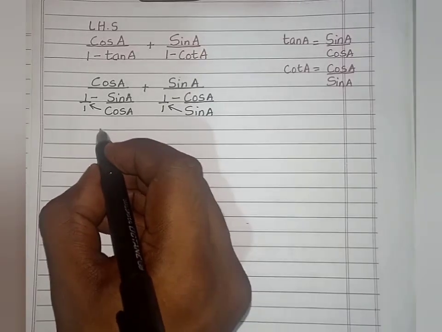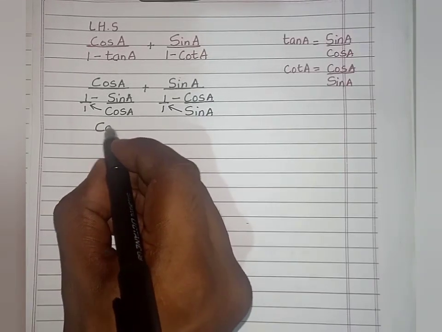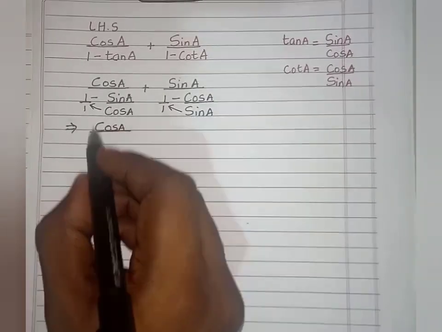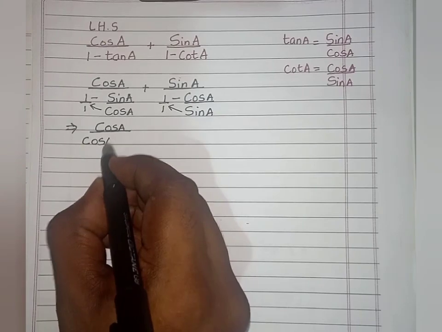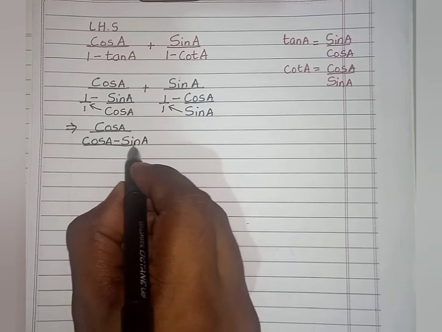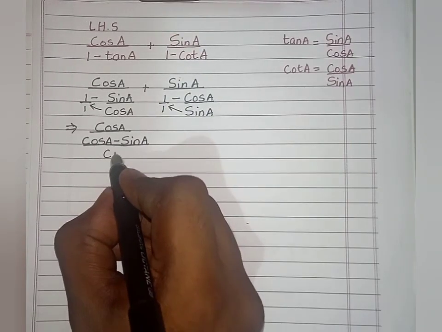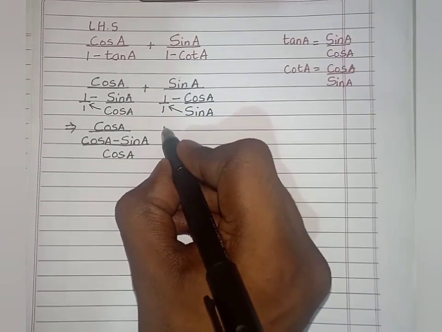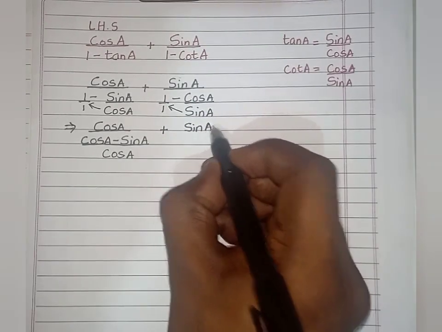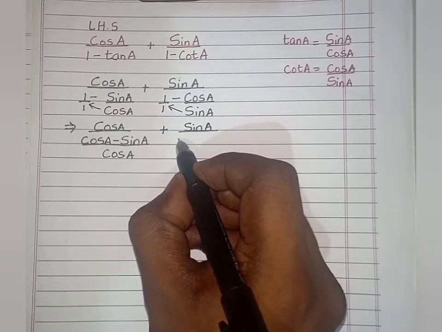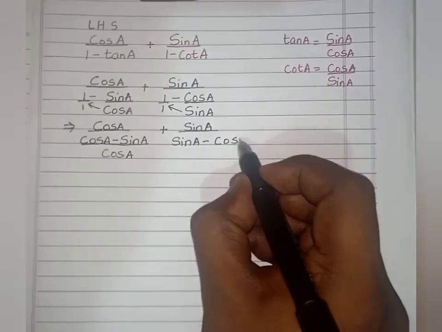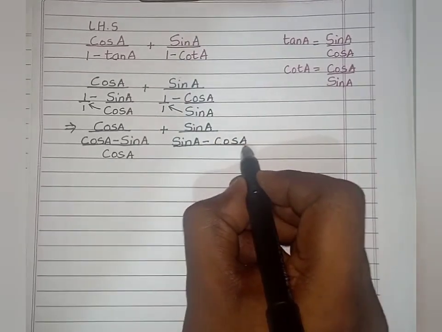The LCM of 1 and cos is cos. So 1 by 1 into LCM, that is cos A, will give you cos A minus sin A divided by LCM, that is cos A. Now sin A divided by 1 by 1 into LCM, that is sin A, equals sin A minus cos A divided by sin A.